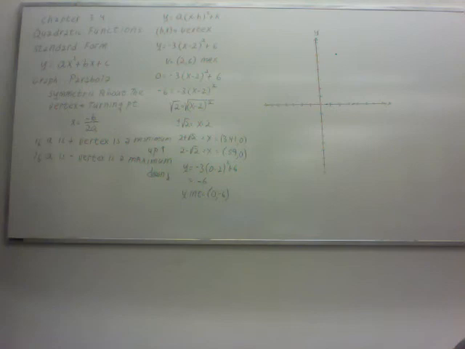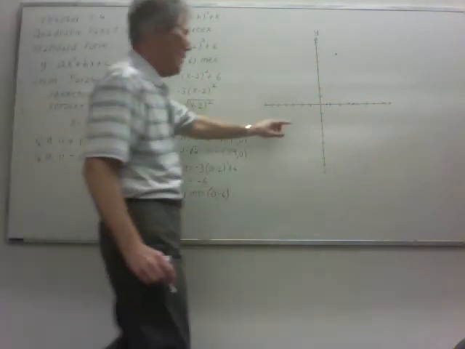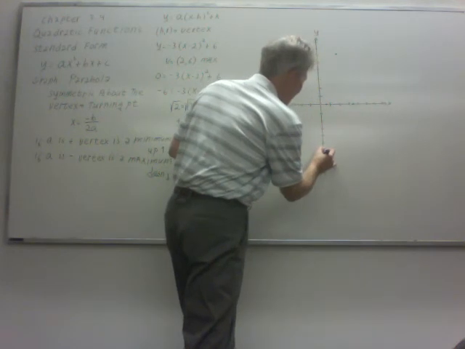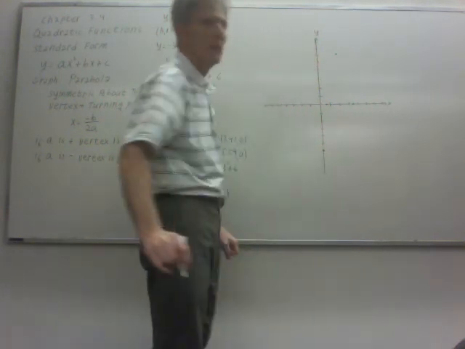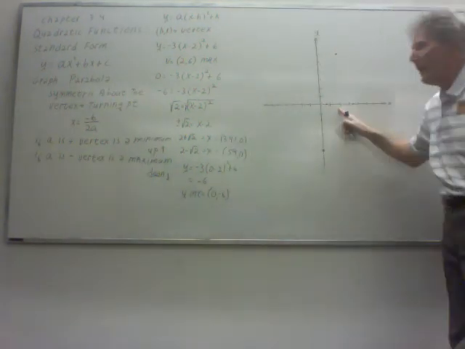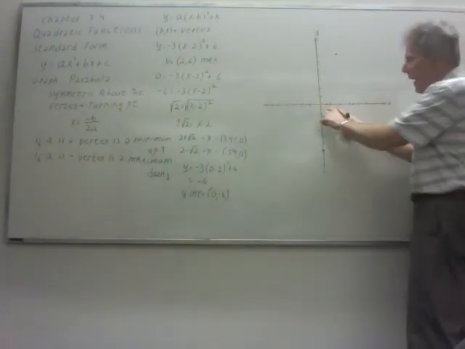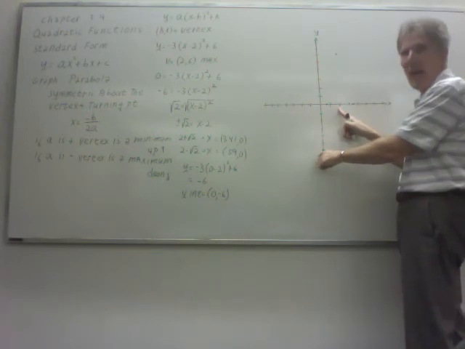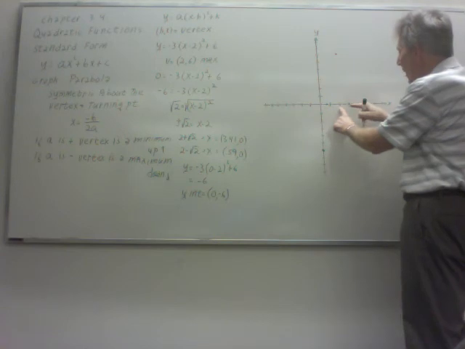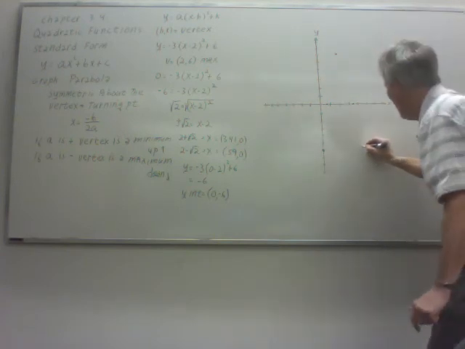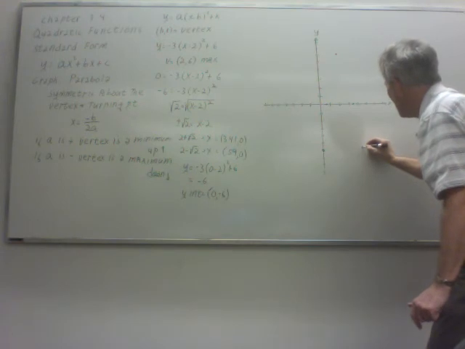So my y-intercept for this graph is going to be (0, -6). I'm going down 1, 2, 3, 4, 5, 6, which gives me a point located right there. Here's my vertex point. I have a point 2 units to the left, 6 units down on the y-axis. I must have a point 2 units to the right and 6 units down on the y-axis.